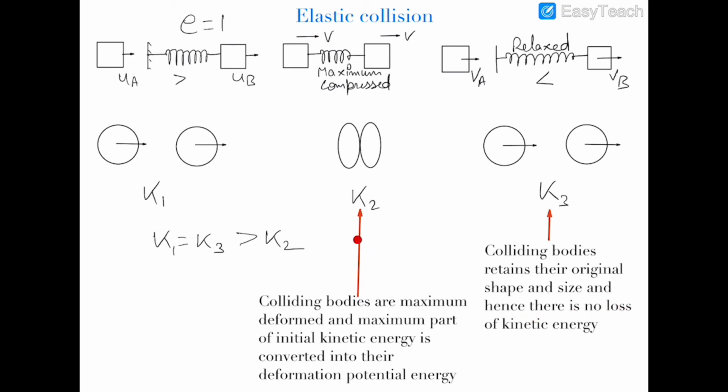But in the intermediate case, the colliding bodies are maximally deformed, and the maximum part of the initial kinetic energy is converted into their deformation potential energy. So we can say that the kinetic energy of the system in the first case and in the third case is equal, but it is greater than the kinetic energy in the second case, because some part of the kinetic energy is converted into deformation energy in the second case.